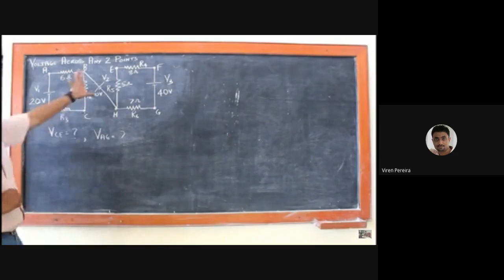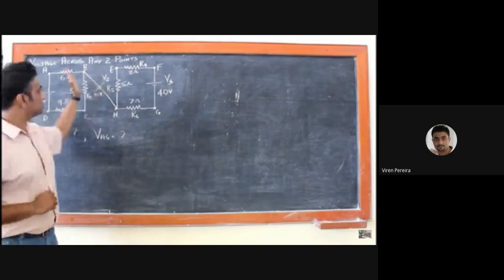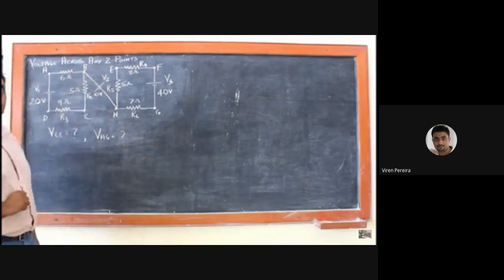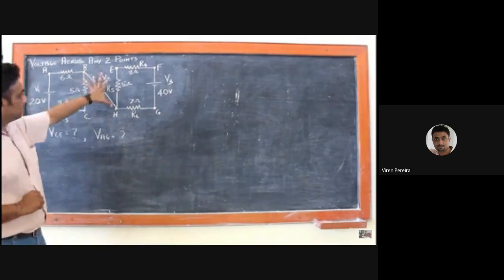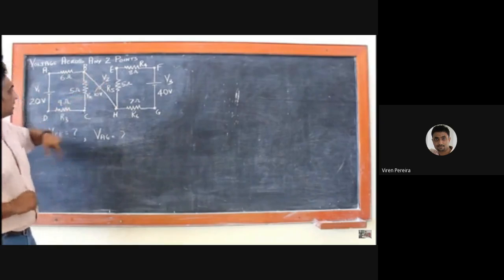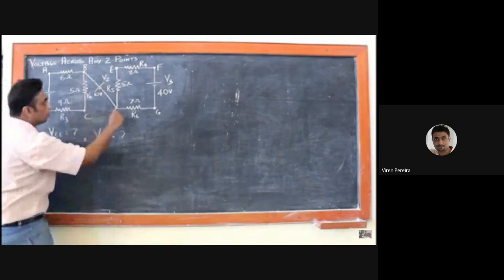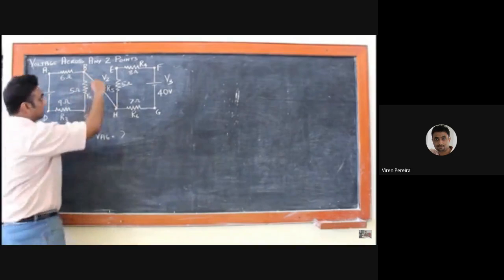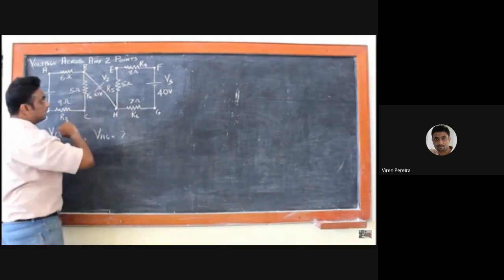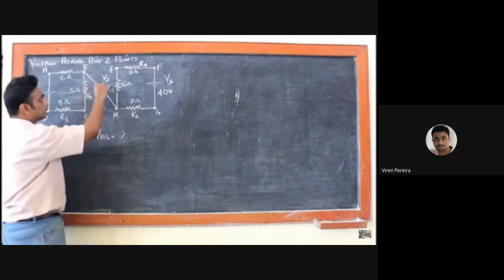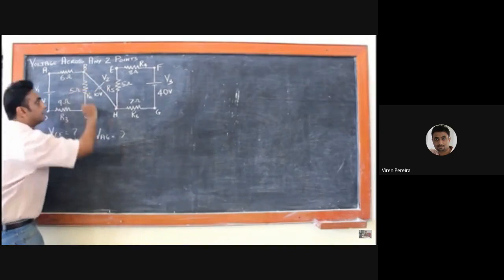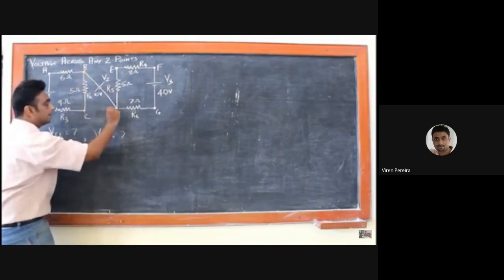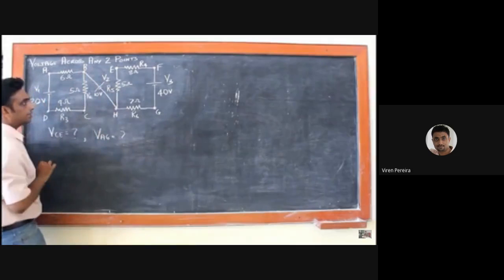Now, how is this voltage source separating these two circuits? If you connect a voltage source between these 2 points, as you can see, there is no continuity for the current. Because even if this voltage source is there, the current doesn't get a continuity, because current has to go and return back to the same negative terminal. So there is no continuity.